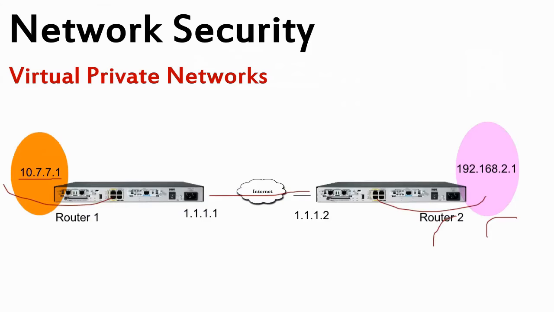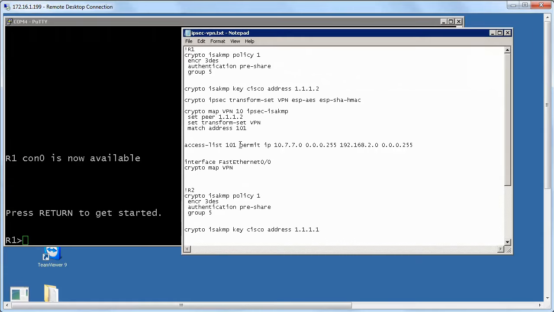When we go back here, you will see that we are coming from 10.7.7.1 and we are going to 192.168.2.1. That is an IP address. Network is 0 at the end. That's why when we go back to this guy, we can see source 10.7.7.0 and destination is 192.168.2.0.